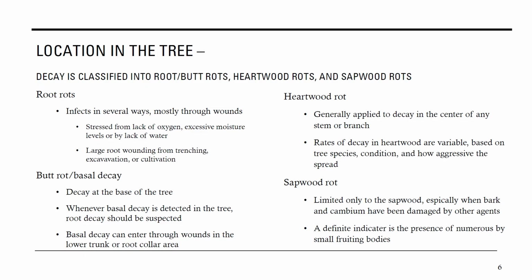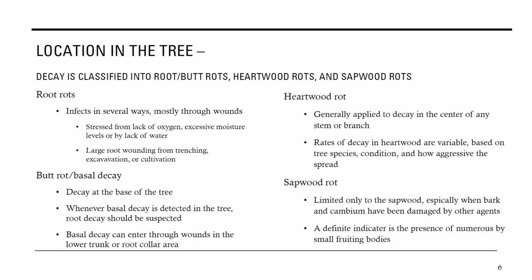Now that woods gets more water, or a lack of water, right? They've completely drained it with tiles and other stormwater structures. And then also large root wounding from trenching, excavation, and cultivation. These are different ways that woundings can get root rots into your large growing trees.